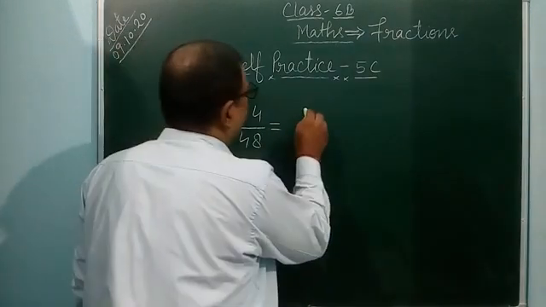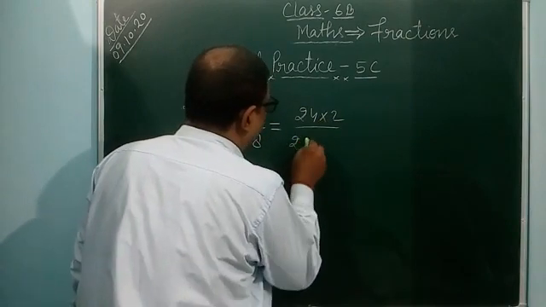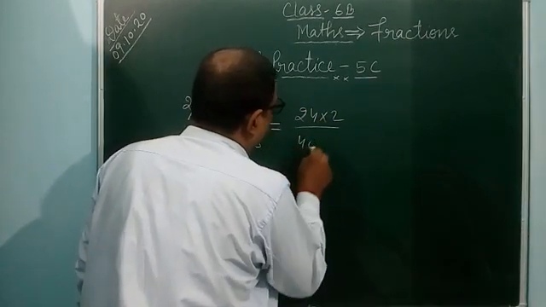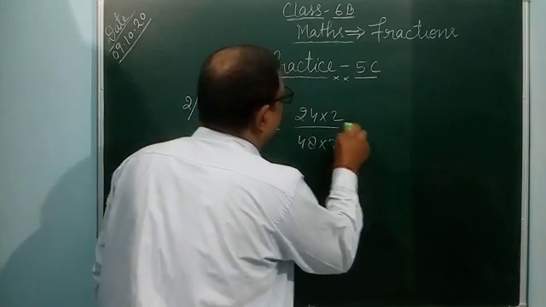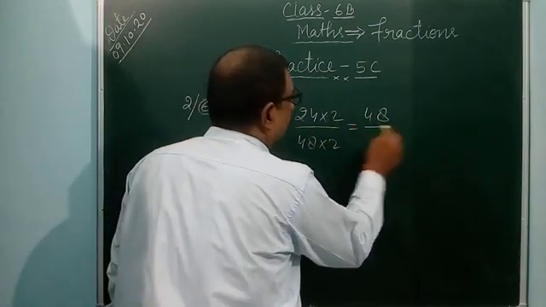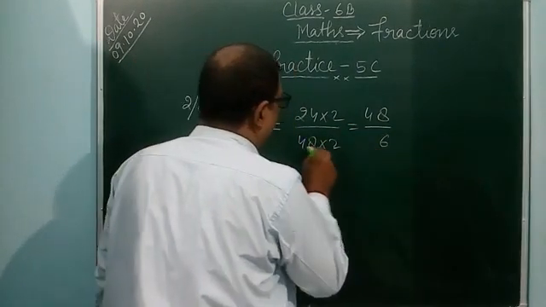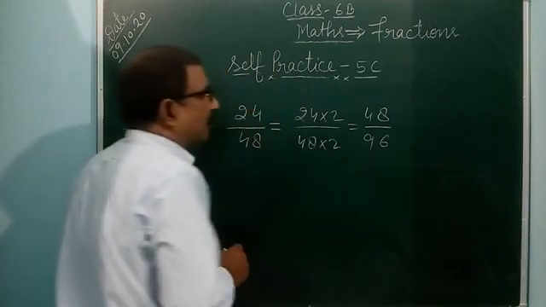Like that you can see 24 into 2 by 48 into 2. 2 fours are 8, 2 fours are 8 and 2 nines are 18, so 48 by 96.